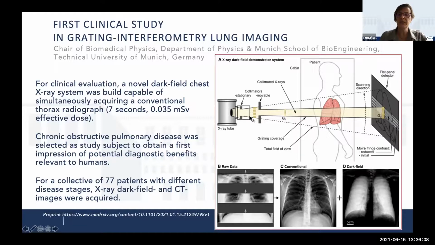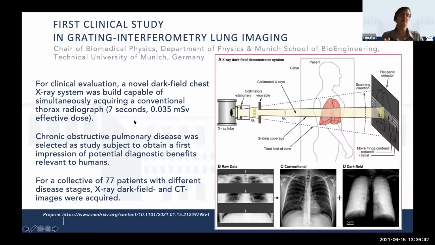He again developed a system with gratings, G0, G1, G2, the three gratings, and it is able to acquire the images line by line and, after data processing, obtain the conventional X-ray and the dark field, or small angle scattering. That's important because we are back to the lungs. Exactly, we are back to the first slides of Professor Rigon.